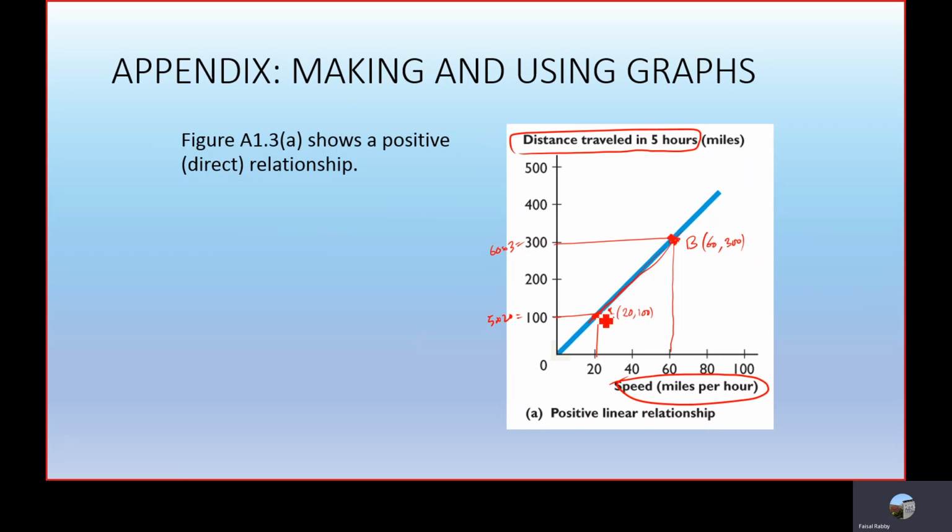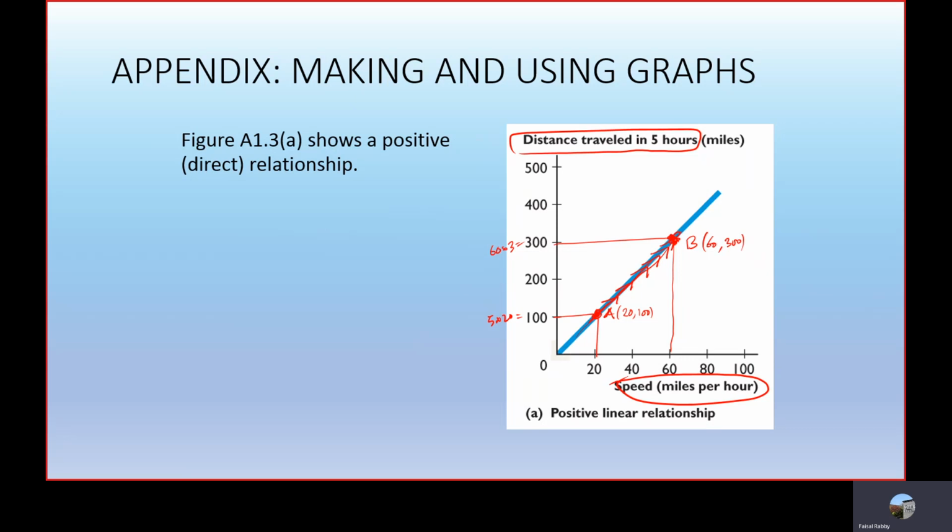An upward sloping line means if you take any 2 points on a line in a graph, and then you slide from the left point to the right point, if you're also rising upward, then these two variables are positively related, and this graph is going to show you a positive relationship.